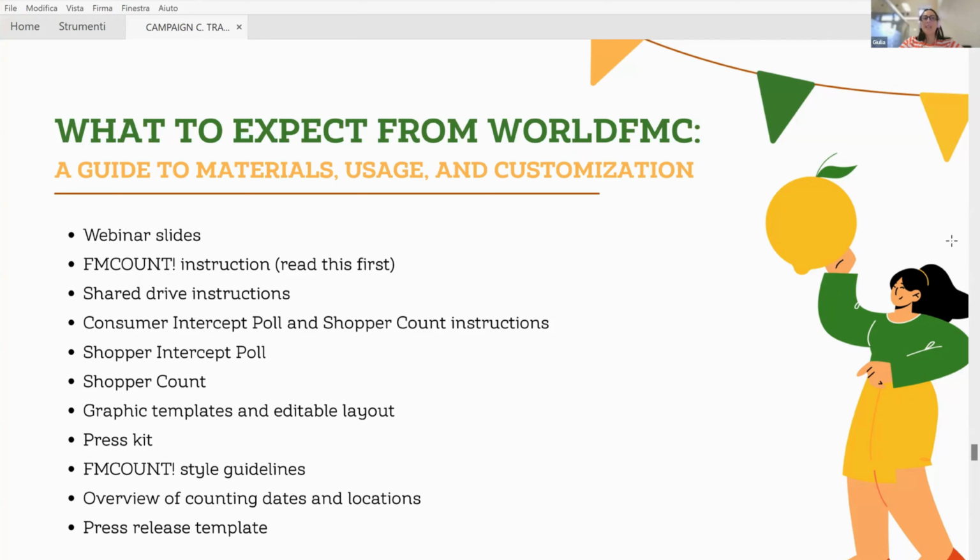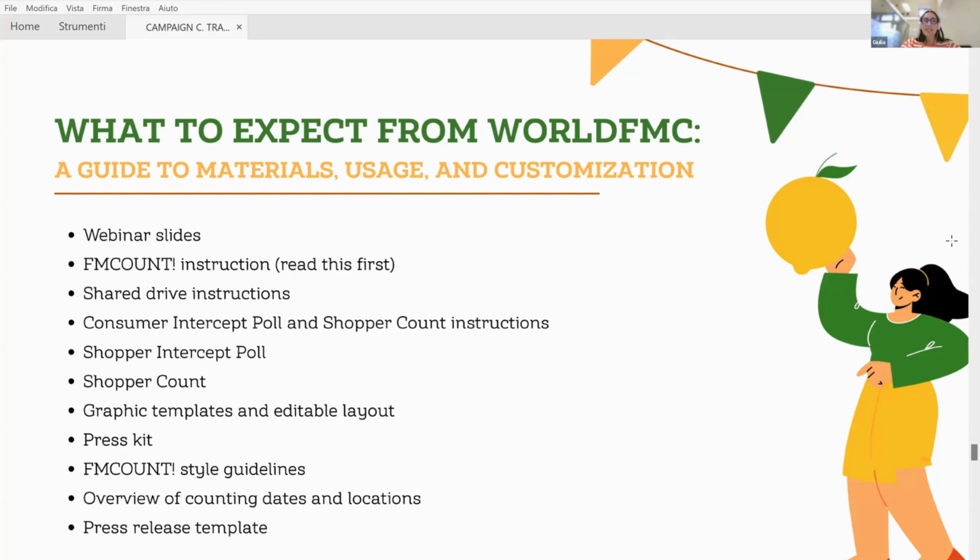So the Canva template: if you are a veteran of this campaign, you already know how it works, that you need to create a copy and not edit the original file. And I will check who will change the original file, and I will be really mad because then I need to create another one. So please, when you receive the Canva template, make a copy and then do whatever you want on your copy.